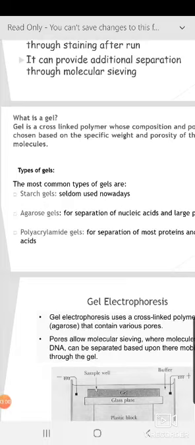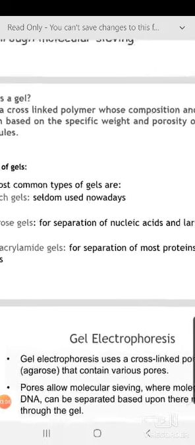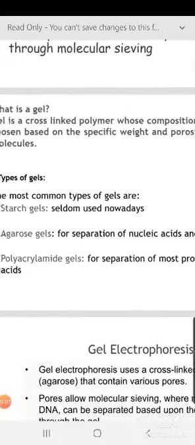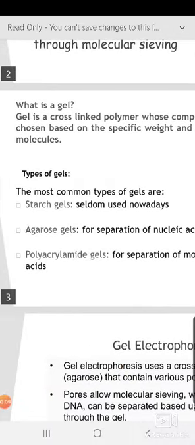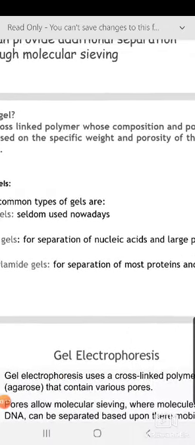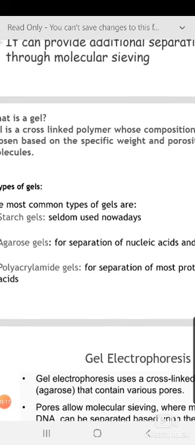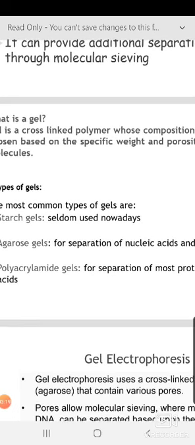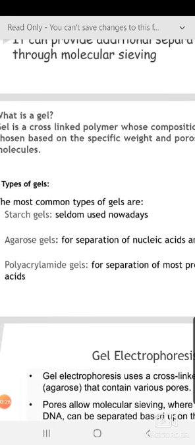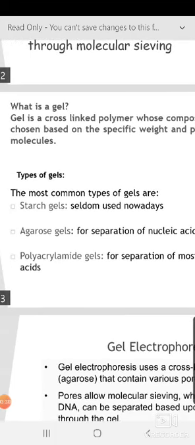Now we'll start with what a gel is. A gel is a cross-linked polymer whose composition and porosity are chosen based on the molecular weight and size of the target molecules. That means it's a type of cross-linked polymer. We allow them to cross-link in such a way that they form pores, and through those pores the molecules you want to separate are allowed to flow.